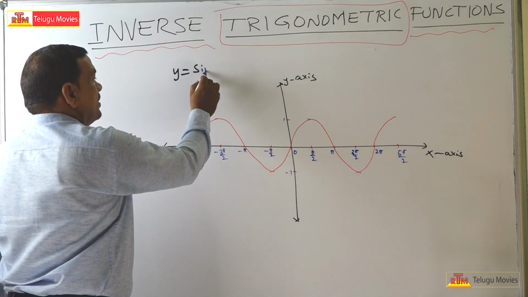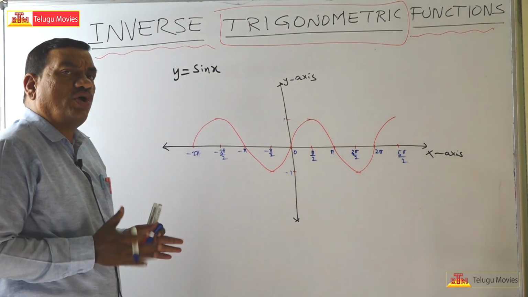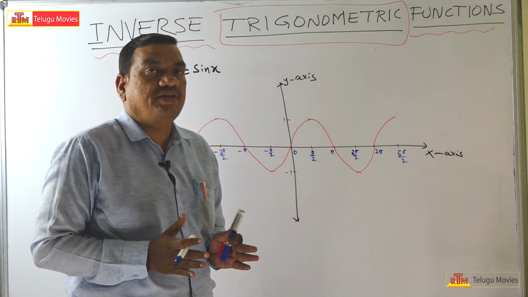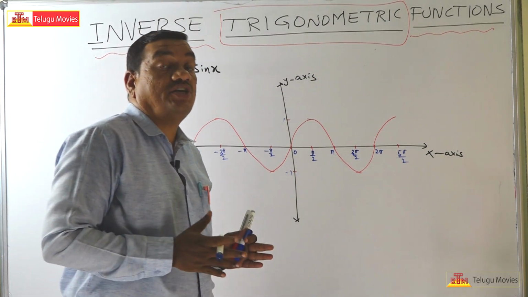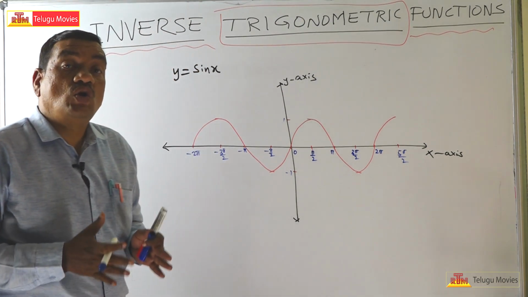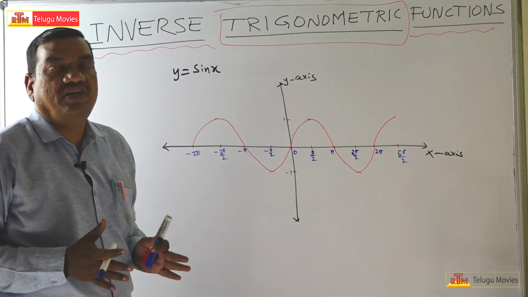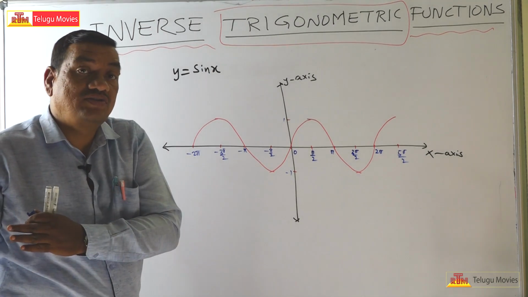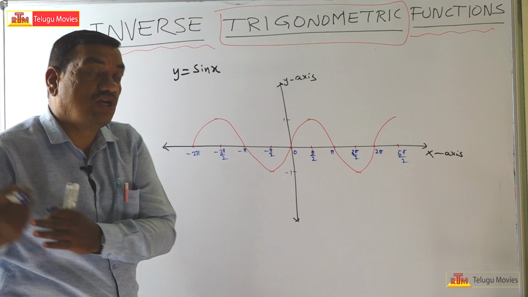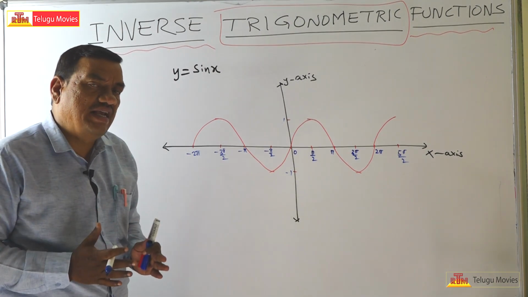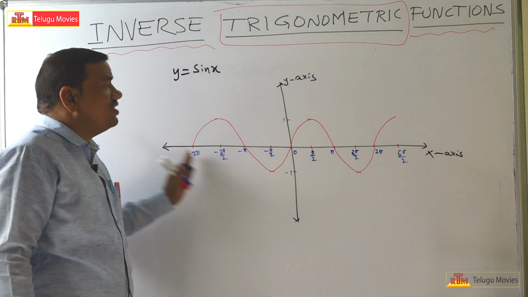I am going to explain with the trigonometric function y equals sin x. If you understand one trigonometric function clearly, when it is bijective and in what domain it is bijective, the remaining five trigonometric functions also follow the same logic. Now observe this sine function.